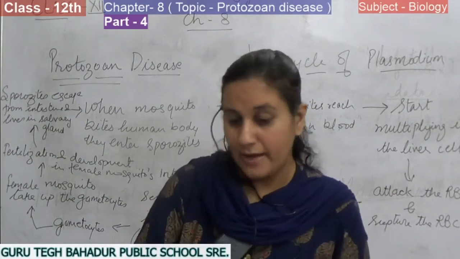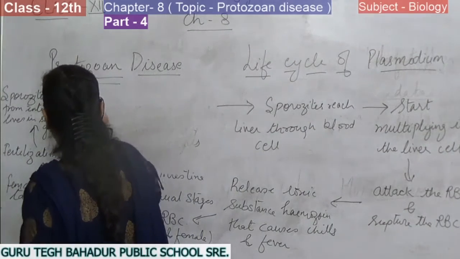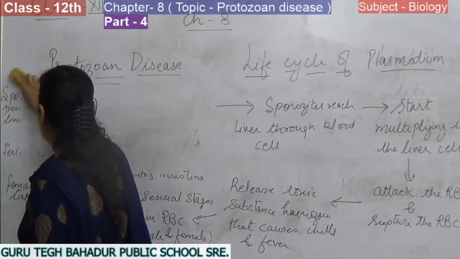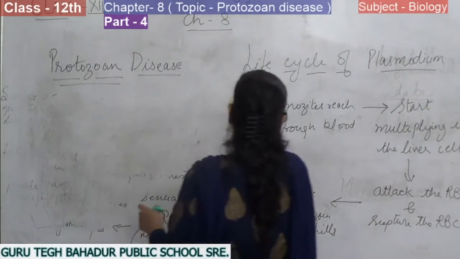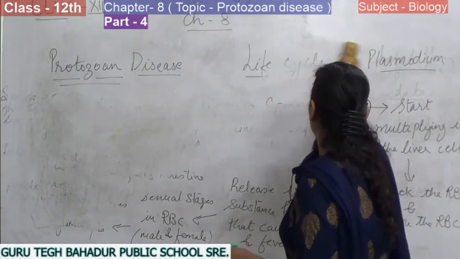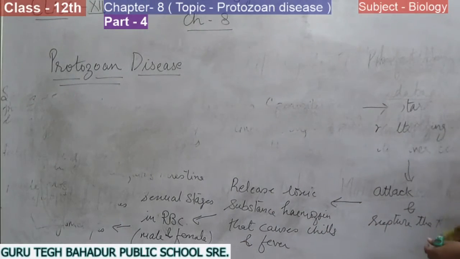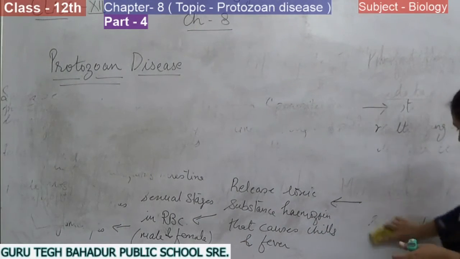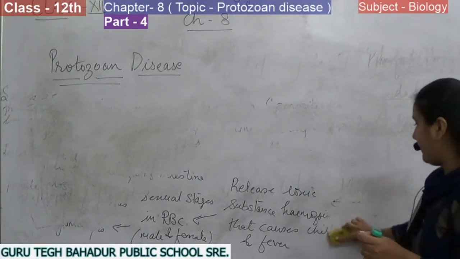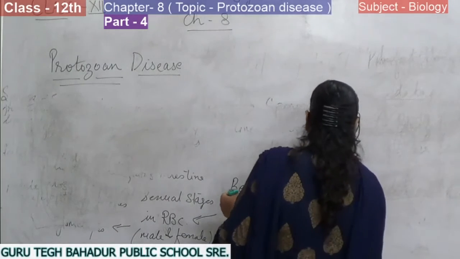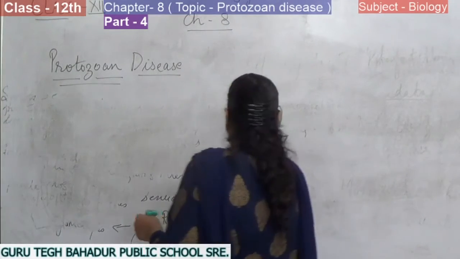Now here we have one more protozoan disease that is known as amoebic dysentery or amoebiasis. As is clear from the name, it must be some amoeba that is causing this protozoan disease, because it is known as amoebic dysentery.